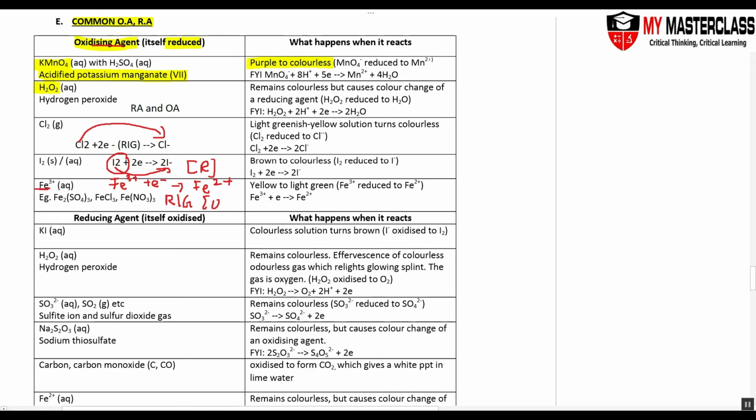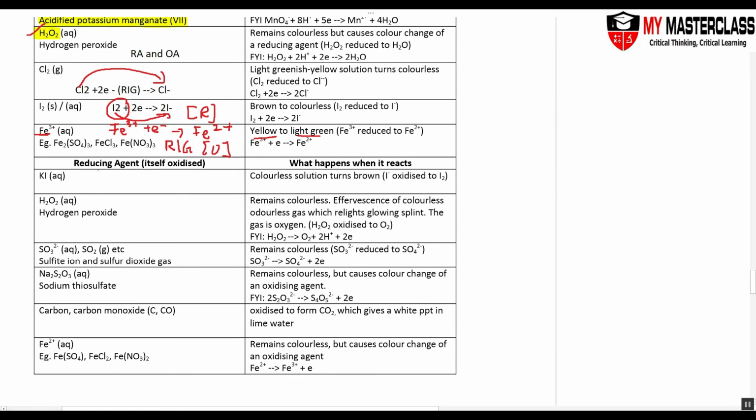Under qualitative analysis, you will learn that iron(III) is red-brown or yellow in color, so the yellow iron(III) will turn light green. Fe2+ is green in color. So these are all common oxidizing agents. The first two are the very common ones that you use a lot in the lab.